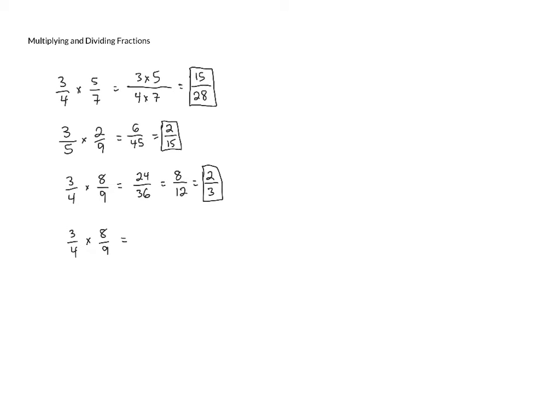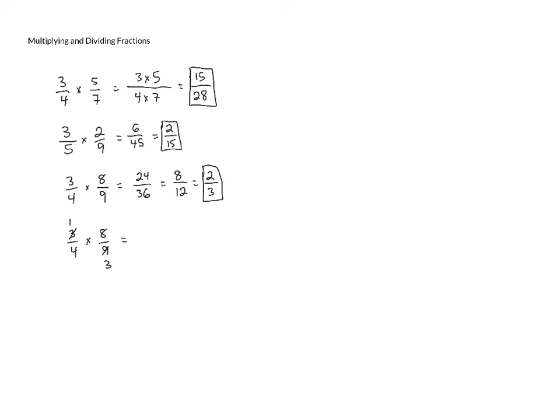Both of those are divisible by 3, and when we did the problem earlier, we reduced by a factor of 3 between 24/36 and 8/12. So because the top and bottom share a factor of 3, we can get rid of that right away. If we look at the 3 and the 9, we can reduce those by a factor of 3. 3 divided by 3 is 1, 9 divided by 3 is 3.